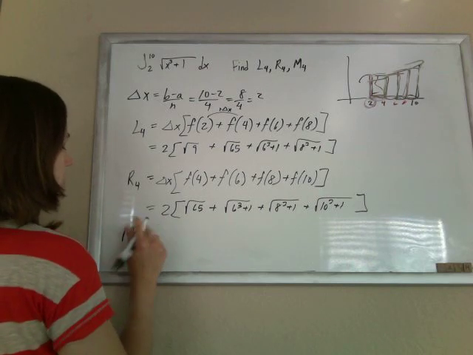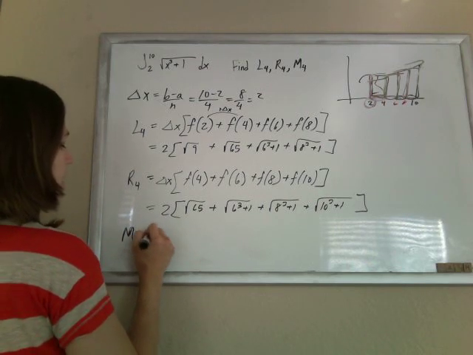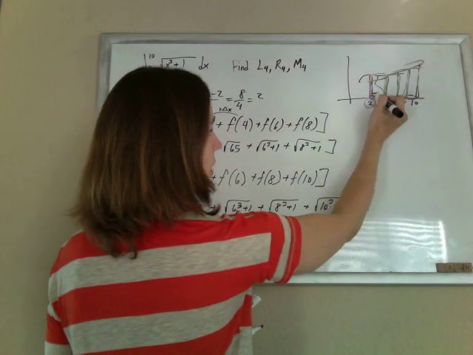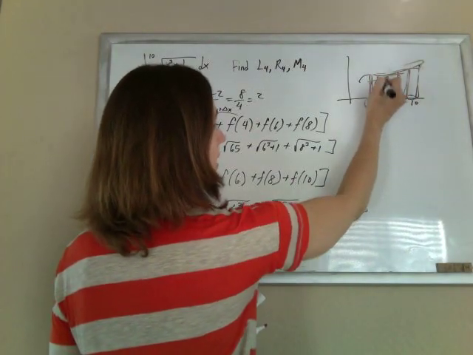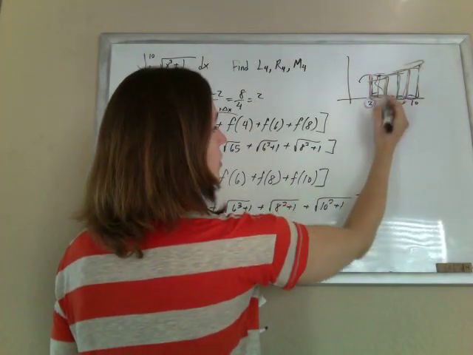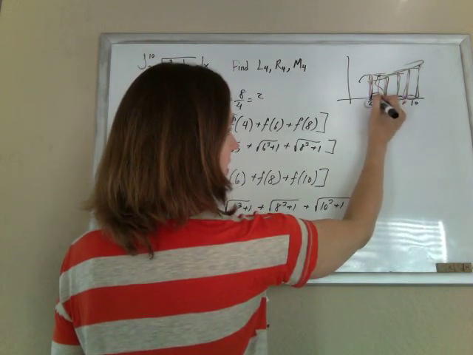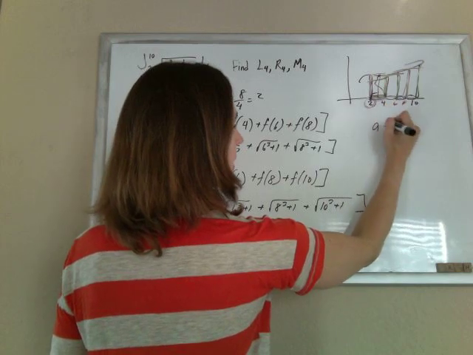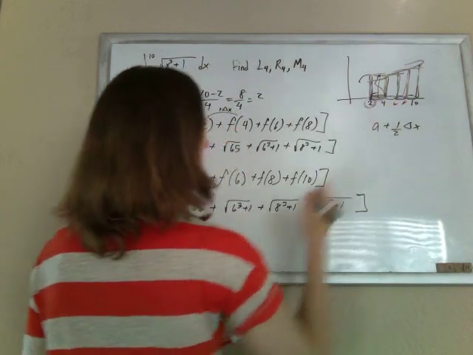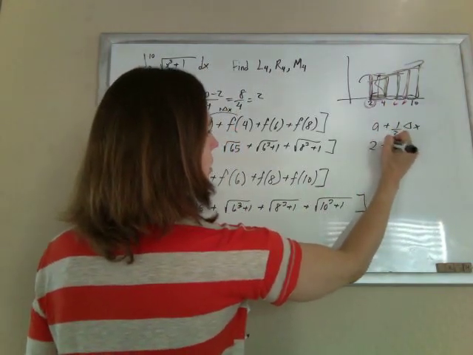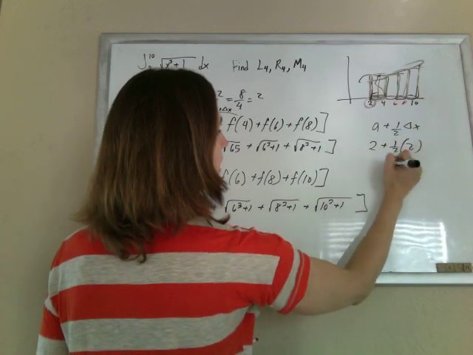Last one we're going to do, we're going to find the midpoints. Now the midpoint, you don't start at the left or the right, you start in the middle. So you start not at a, not at a plus a full delta x over, but at a plus half a delta x. So I'm going to start at 2 plus half of delta x, which is 3.